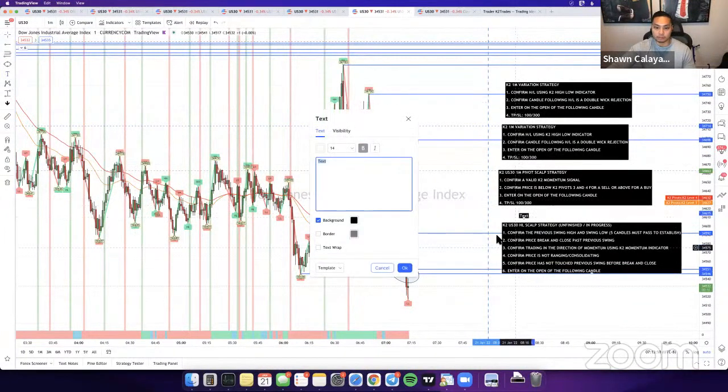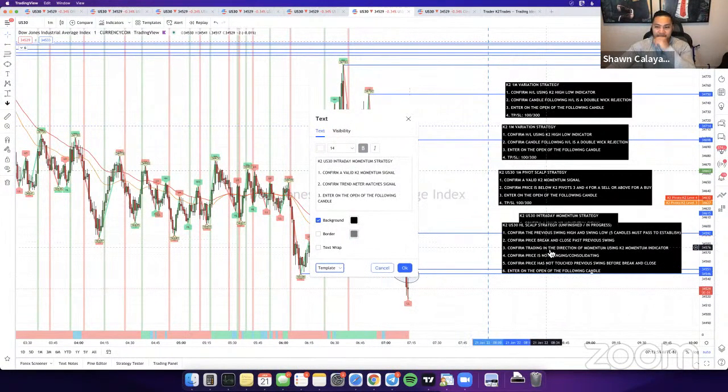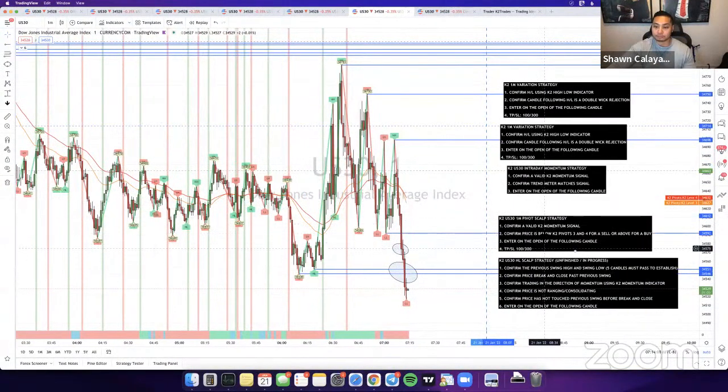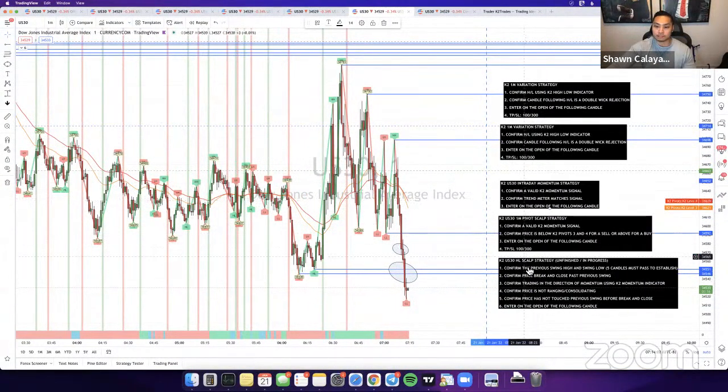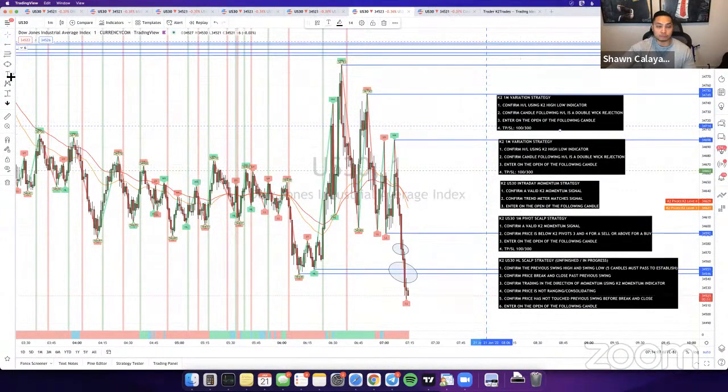We have a lot more here. All right, guys. So we have about 5 main strategies here that are used. And on top of that, we still have the triple confluence as well.